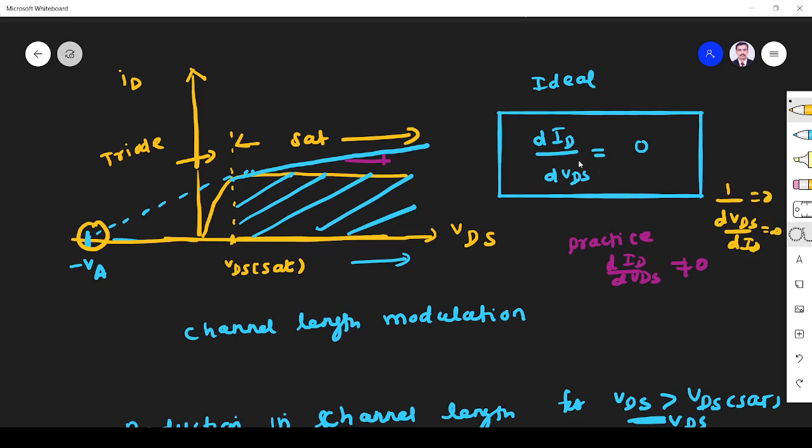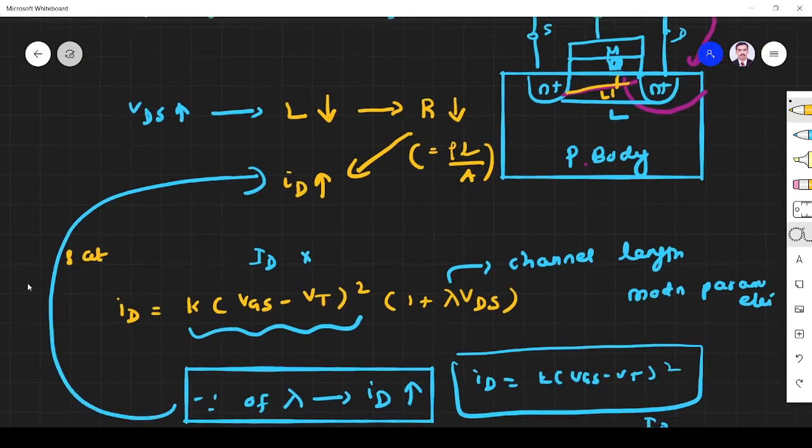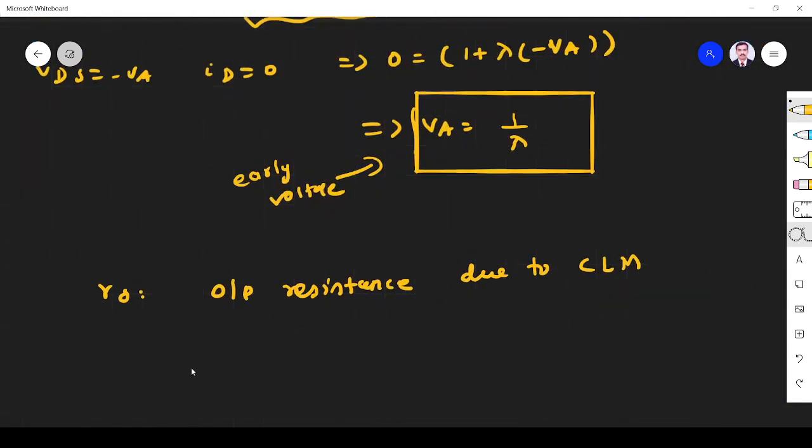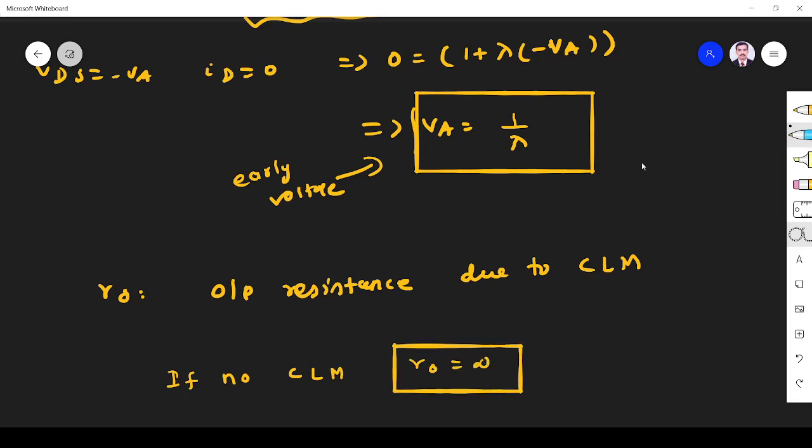You see it is V by I, so this R is infinity means dID by dVDS is 0. So if there is no channel length modulation, R0 is infinity. But in practice, channel length modulation is there. At that time, what is R0 we are going to find.